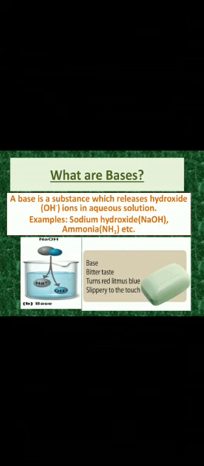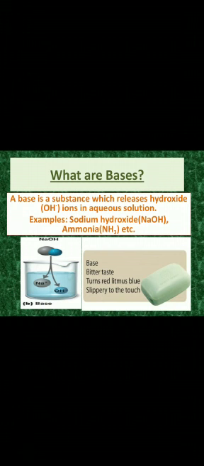What are bases? A base is a substance which releases hydroxide ions, that is OH- ions in aqueous solution. For example, sodium hydroxide, potassium hydroxide, ammonia, etc. Physical properties of bases include their bitter taste, they turn red litmus blue, they are slippery or soapy to touch.